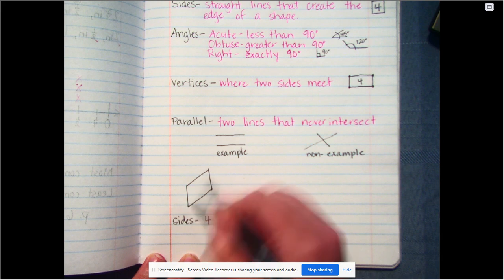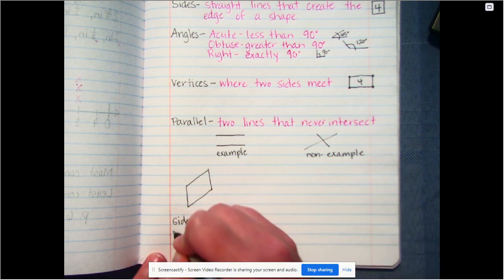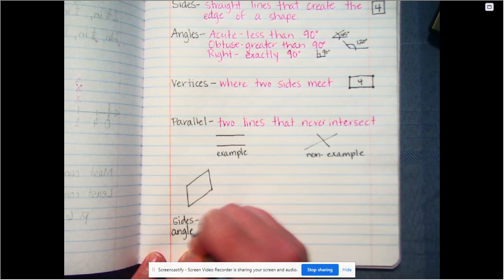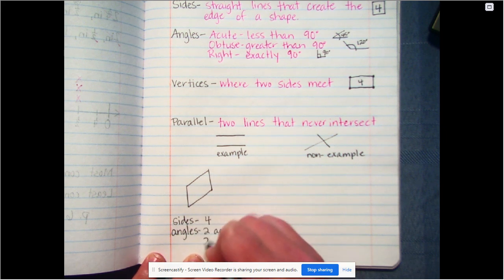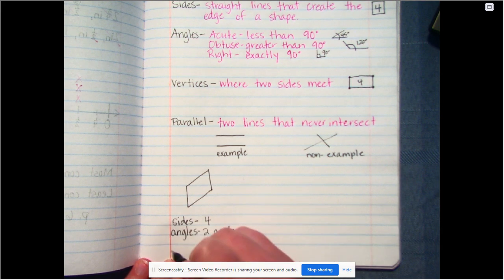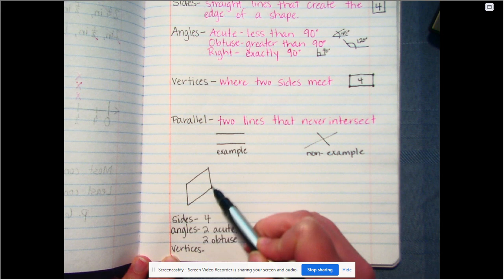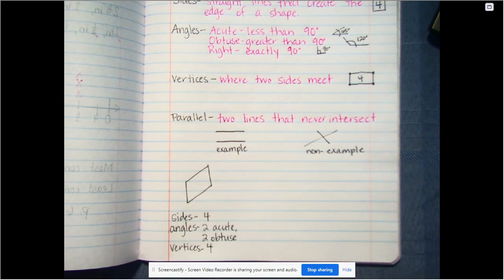So these 2 are acute angles, and those 2 are obtuse angles. If we're talking about the vertices, how many vertices does it have? I see 1, 2, 3, 4 spots where the sides meet. So it has 4 vertices.